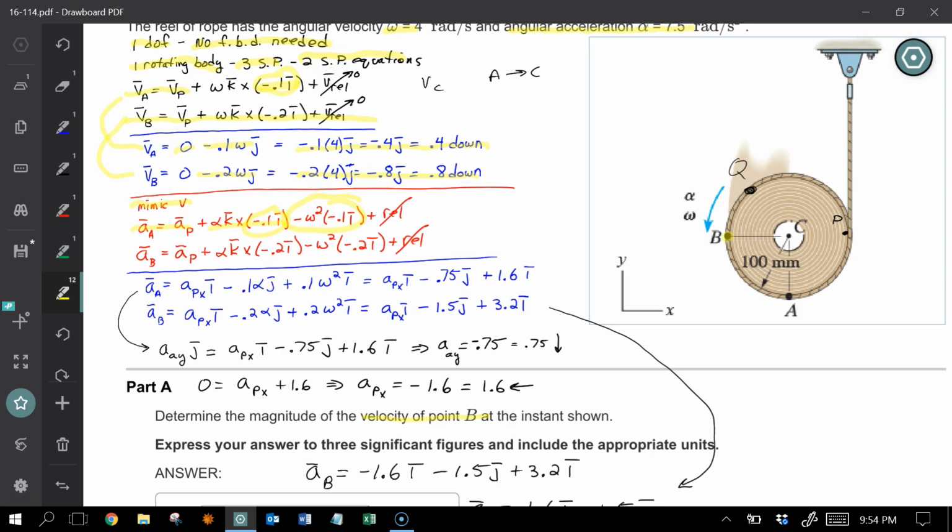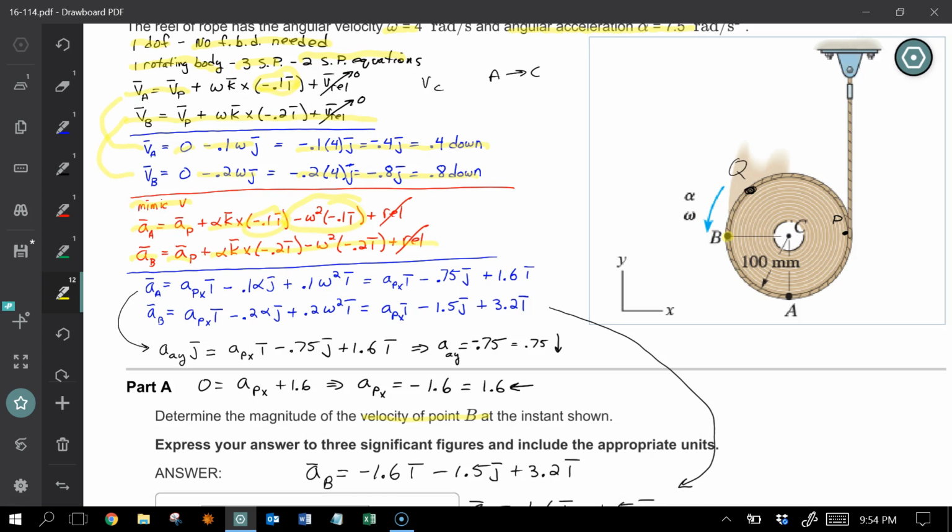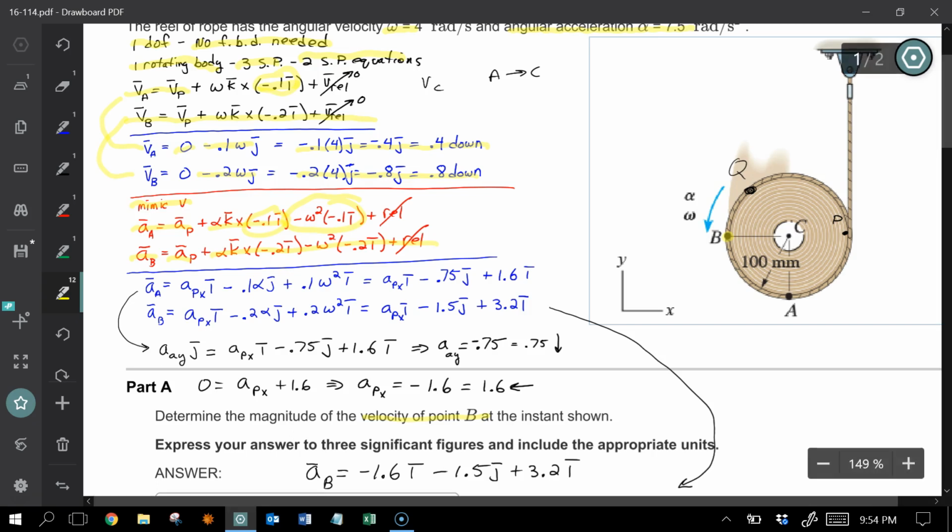And then the next equation, acceleration of B equals acceleration of P plus alpha cross R minus the omega squared R. And so now we do just like we did before. I'm going to do the cross products and plug in what I know.